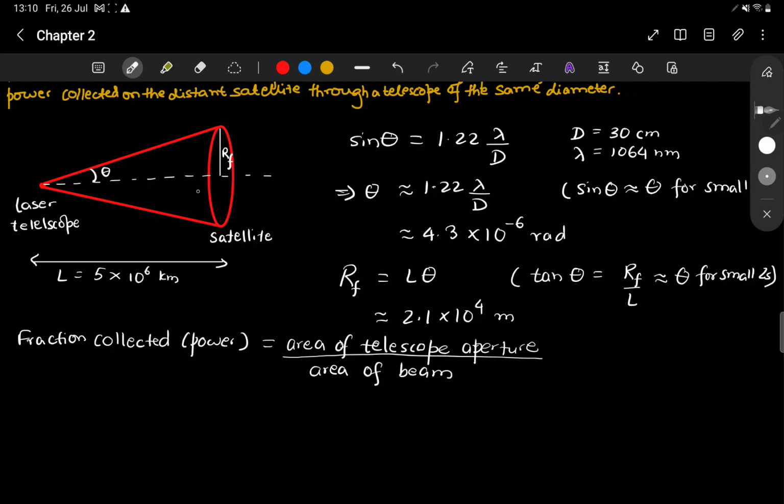So the beam size at the satellite location is in the denominator, and the area of the telescope aperture is in the numerator.